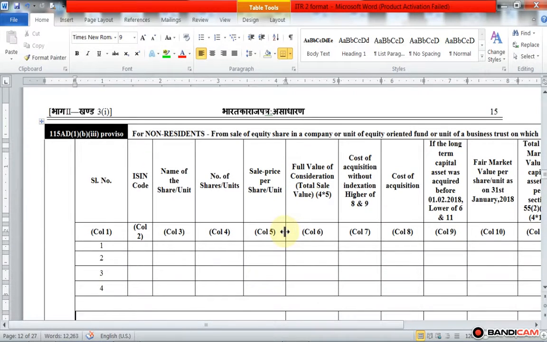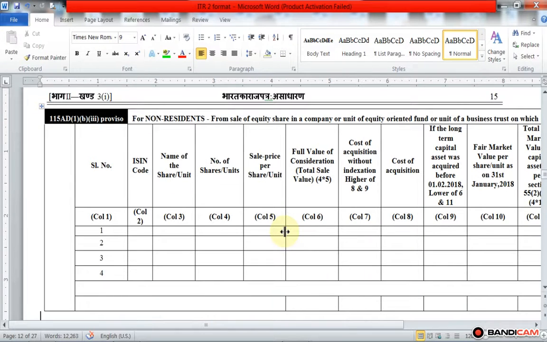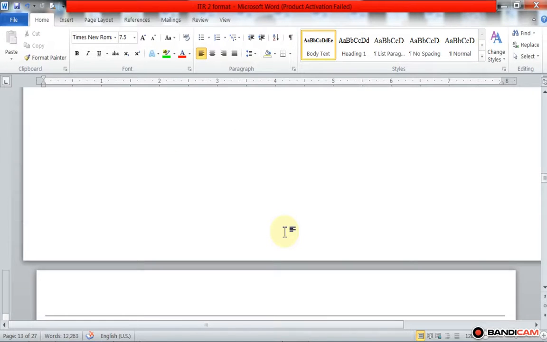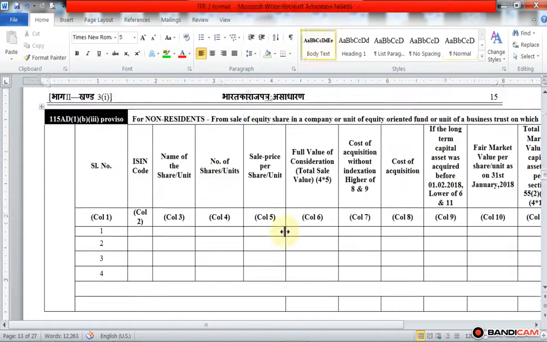Then the next one is 115AD subsection 1, subsection B, sub-subsection 3 provision. So here, provision in respect of non-residents, for the sale of equity shares in a company or unit of equity.